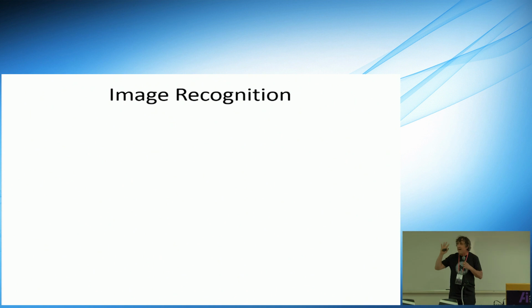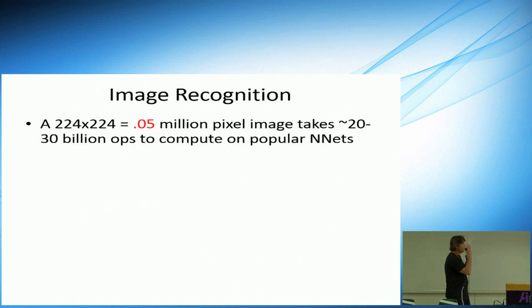Think of a task that we all kind of know and love in deep learning: image recognition. So you take a 224 by 224 image, about 0.05 million pixels. It takes about 20 to 30 billion operations for us to run it with ResNet 50 or one of those networks.